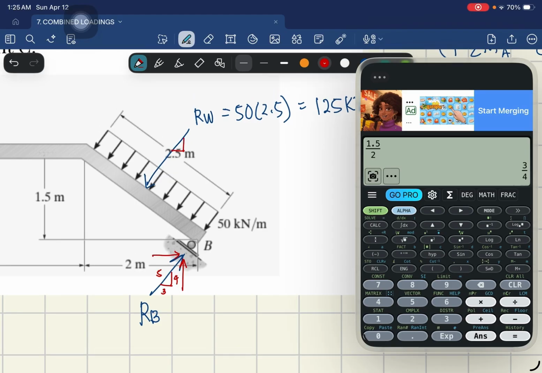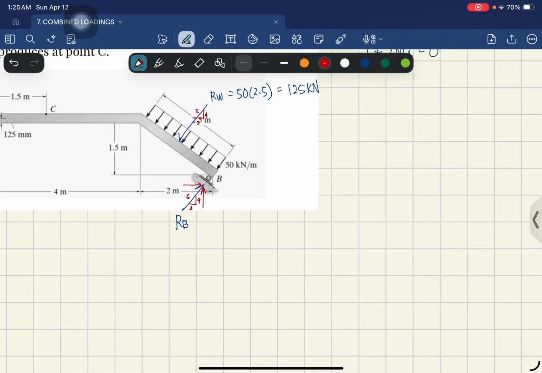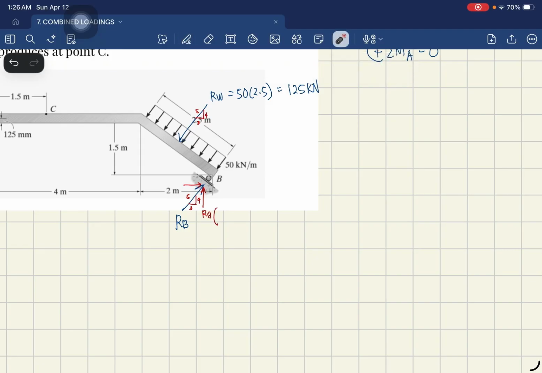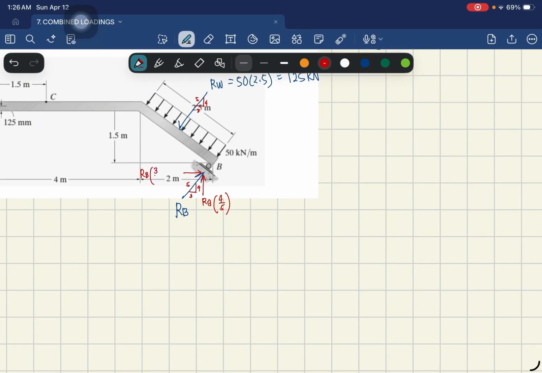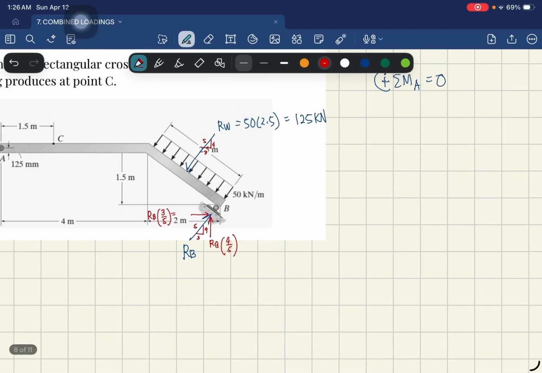So, meron din tayong small triangle na 3, 4, 5. Okay. So, yung magiging component ng vertical at reaction B. So, vertical dito based dun sa triangle. Yung vertical niya is 4 is to 5, 4 over 5. Then, yung horizontal naman niya is RB times 3 is to 5.